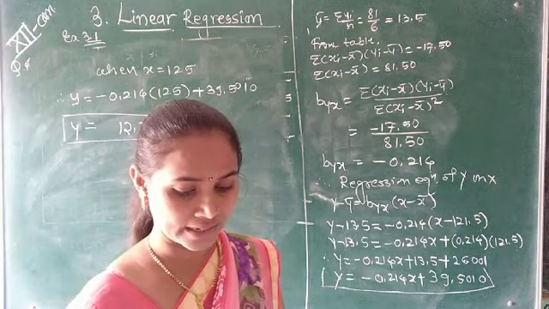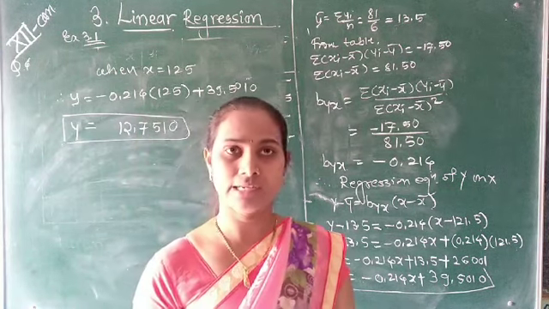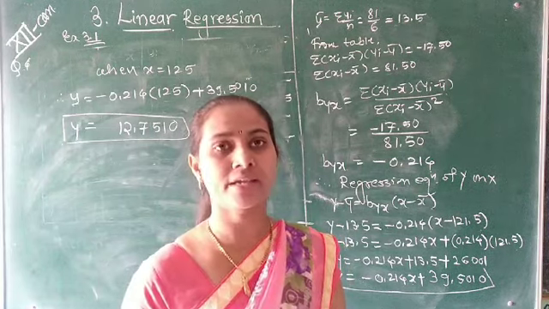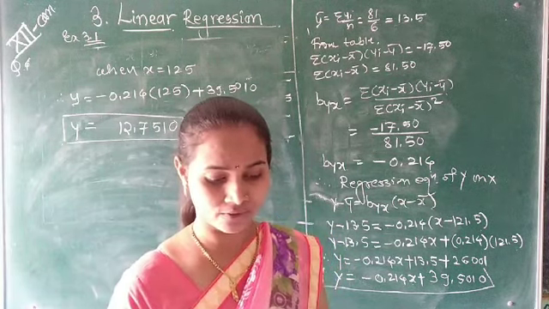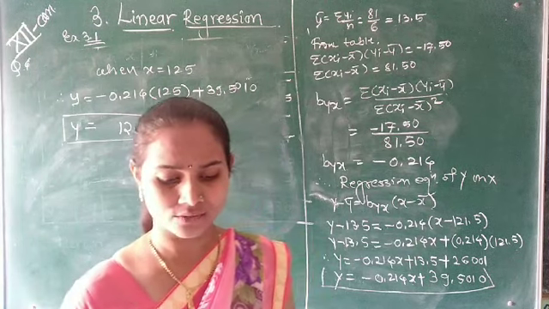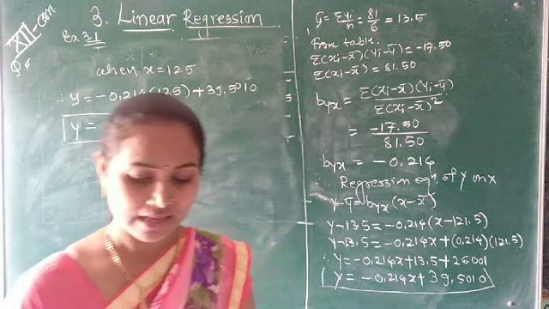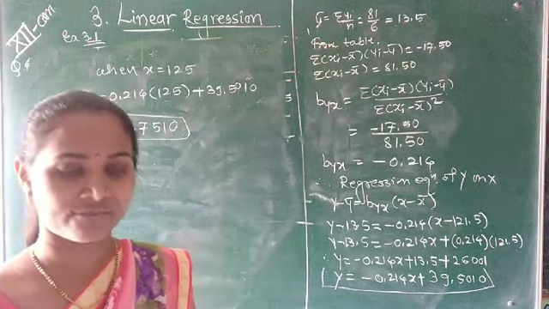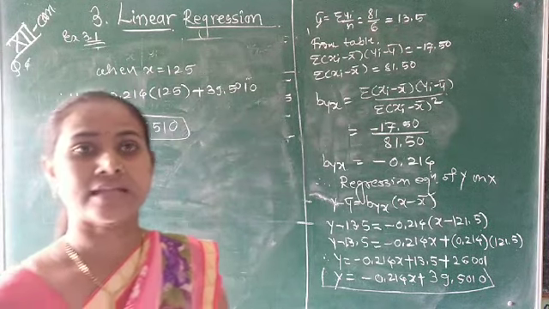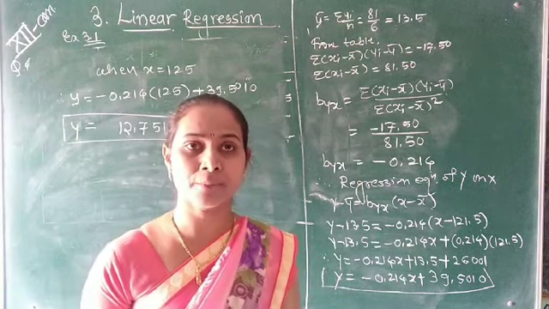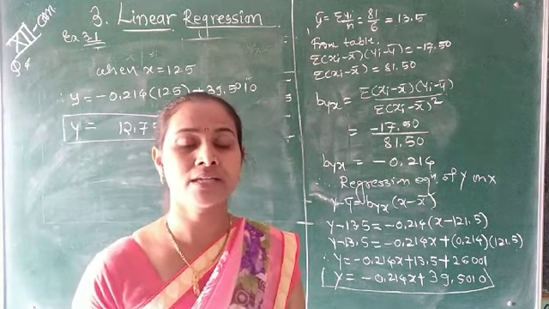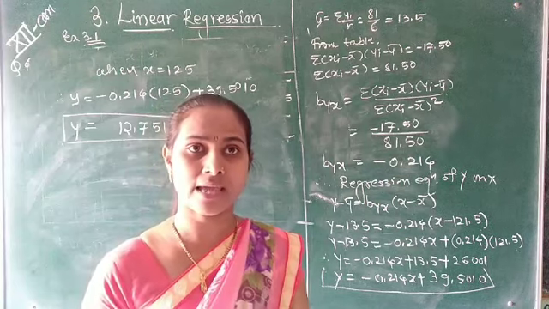Compute the appropriate regression equation for the following data. Appropriate regression equation means which equation is suitable for the following data. Now see here, in question number 6, x is the independent variable and y is the dependent variable. That means here variable y depends on the variable x. That means here we have to find the regression equation of y on x.